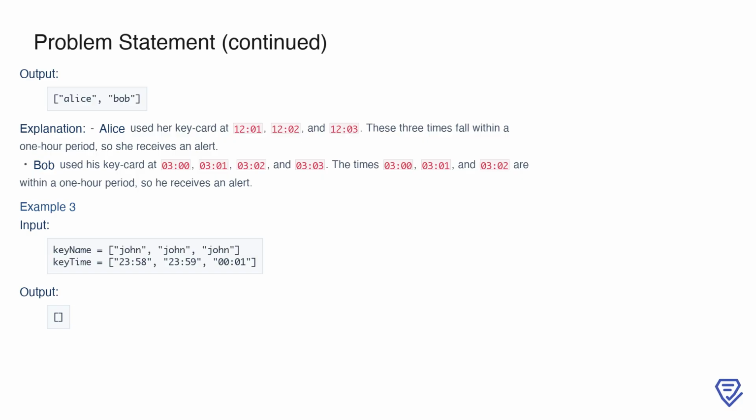The times 03:00, 03:01, and 03:02 fall within a 1-hour period, so Bob also receives an alert. Both Alice and Bob meet the criteria, so the output is Alice, Bob. This demonstrates how multiple employees can appear in the result if they each meet the alert condition.